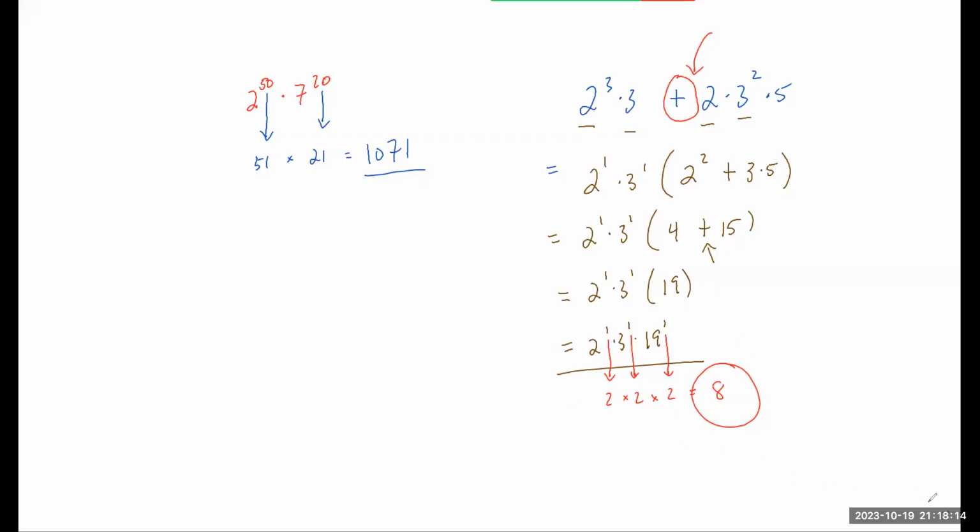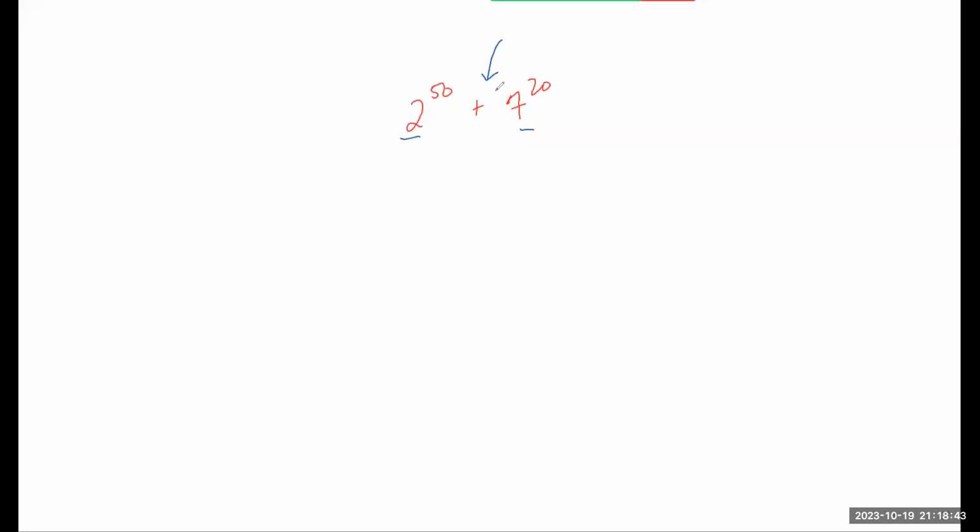So let's see here. What if we did something crazy? What if we did like 2 to the 50 plus, I don't know, 7 to the 20 or something like that. So now this is a good question because it says, well, wait a minute, I need prime factorization, but I have addition and there are no common factors. So the only thing that you really could do here is to multiply all of these numbers out and then add them all together.